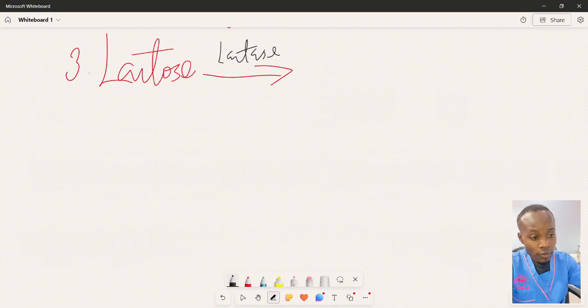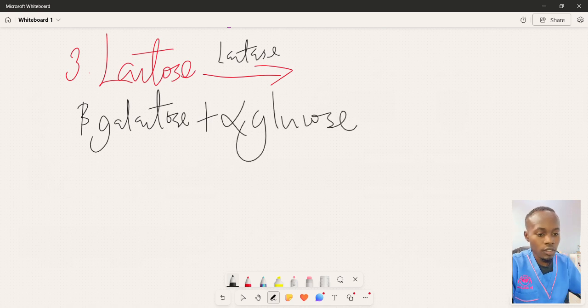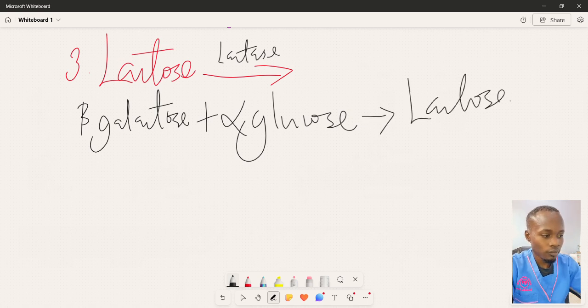For lactose, it's also 2 sugars, and it's always beta galactose plus alpha glucose. When you combine these two, you are going to have lactose, and the process is dehydration.